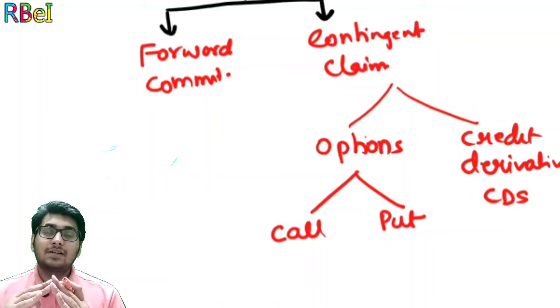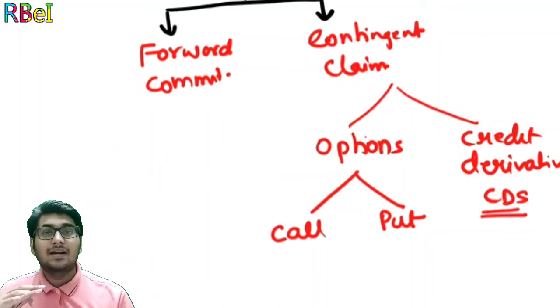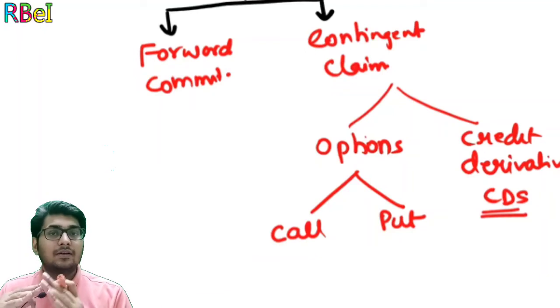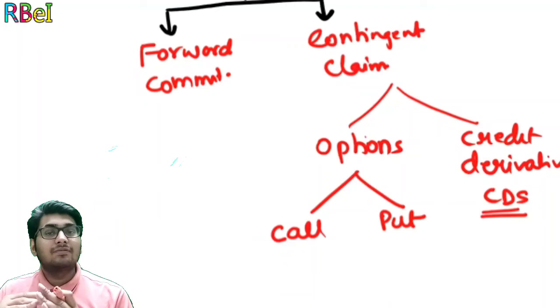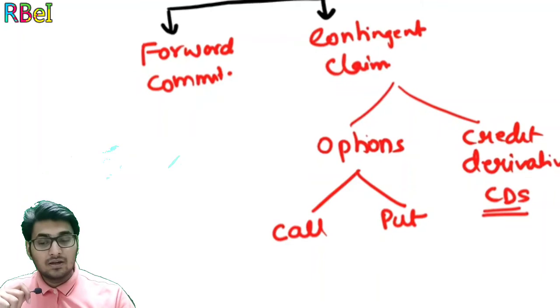Options are further divided into call and put, and credit derivative is further the credit default swap. Don't worry about the word swap, just follow the credit default swap. Why is it part of contingent claim? Because the buyer of the CDS will get the money only if the underlying company defaults, so it is contingent on an event, the default of a company.